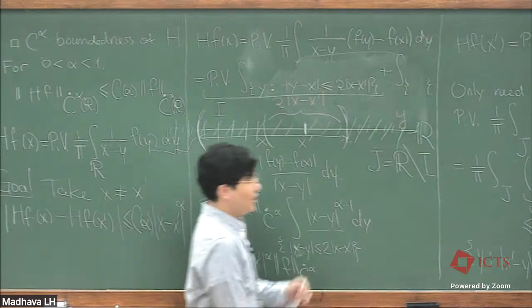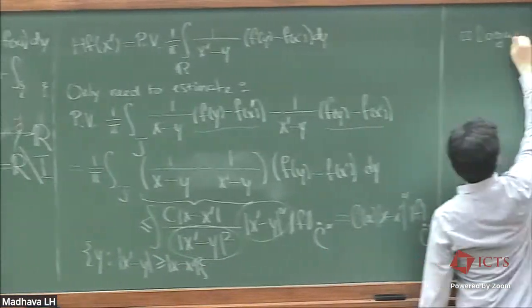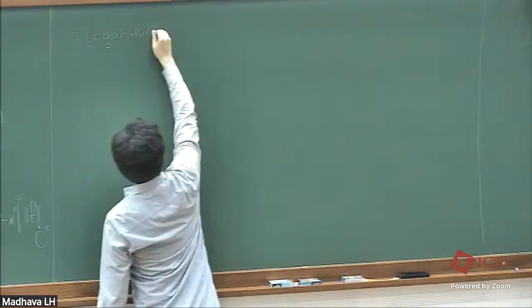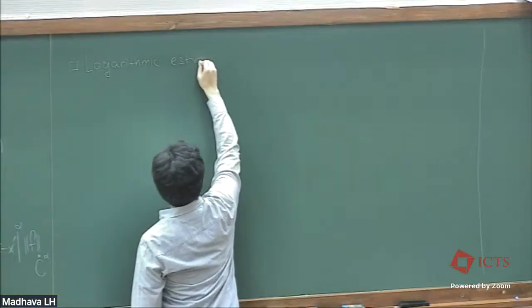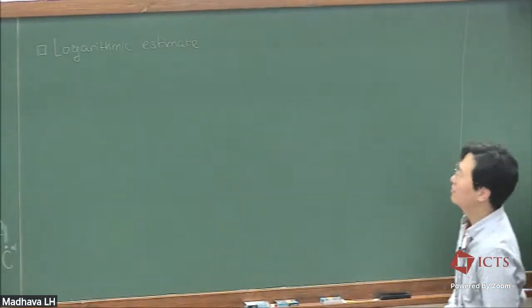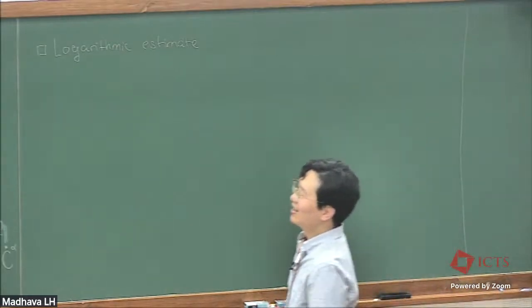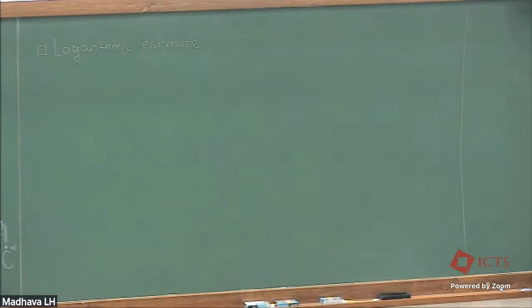So that's why, strictly speaking, we need to do this estimate first, which is the logarithmic estimate for the Hilbert transform, because strictly speaking, I didn't show you under which conditions on f this integral is really finite, because in principle it can be infinite.